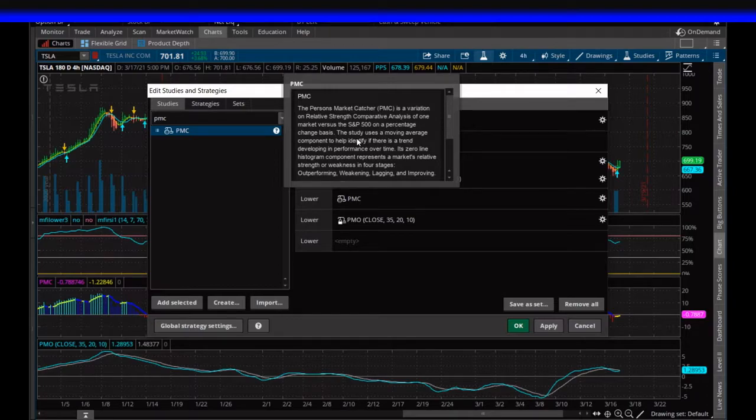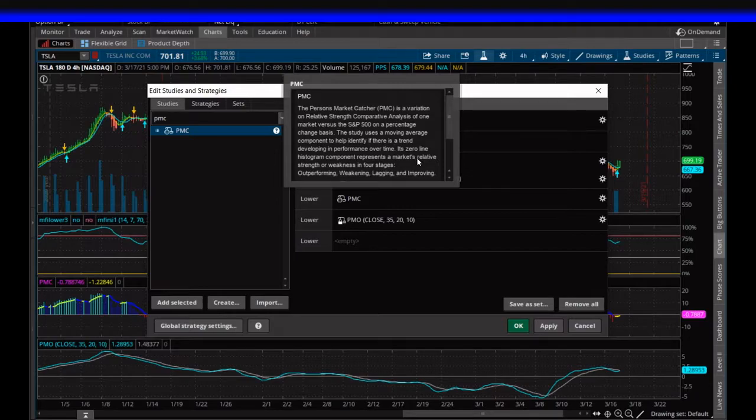The study uses a moving average component to help identify if there is a trend developing in performance over time. Its zero-line histogram component represents a market's relative strength or weakness in 4 stages.